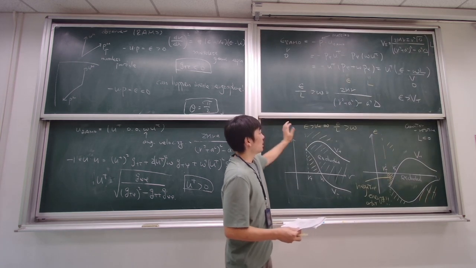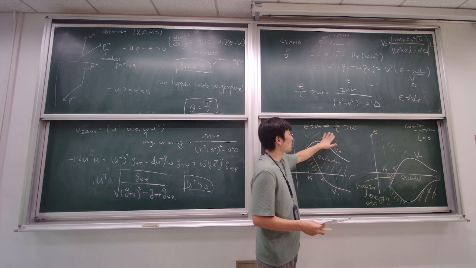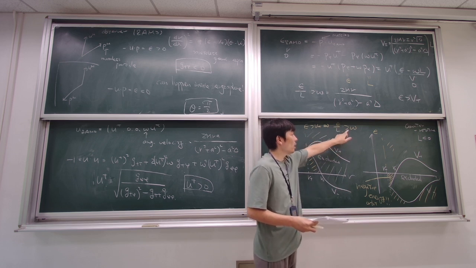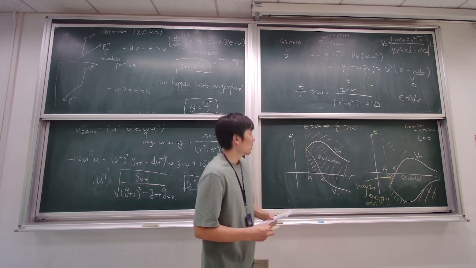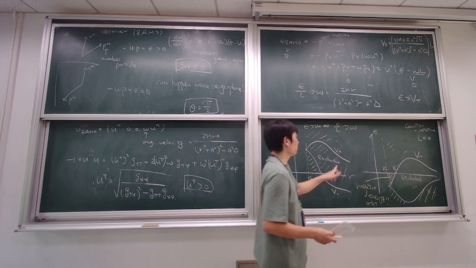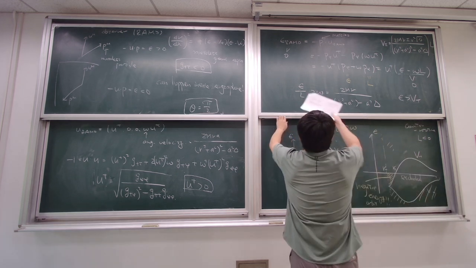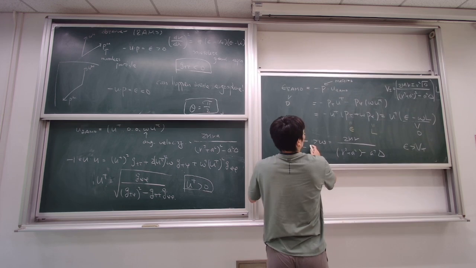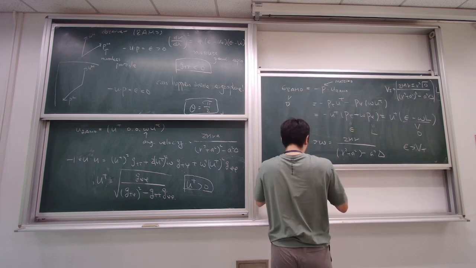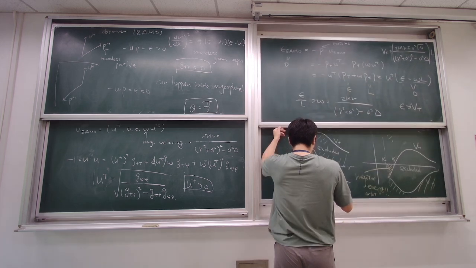And then if the massless particle stays in this region, epsilon over L is in fact guaranteed that the ZAMO observer's energy is greater than 0.